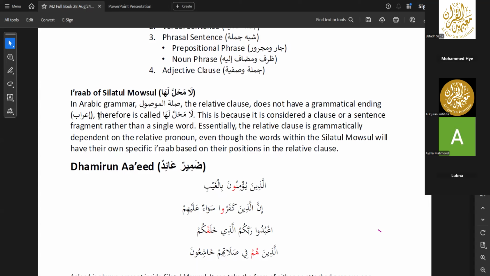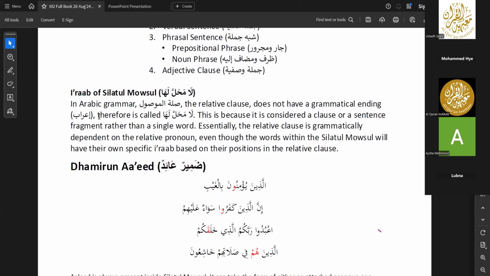la mahalla laha. As Aisha said, there is no i'rab for Silatul Mawsul. Why? Because it is dependent on allazi, the Ismul Mawsul, which is its principal and controller.